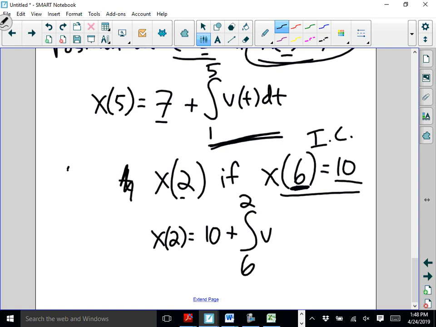Even though that integral is kind of backwards, right? We get the bigger number on bottom. That equation will still give you the exact position at time t equals 2. If you were solving it by hand, you could switch that to 10 minus the integral from 2 to 6 of v of t dt.